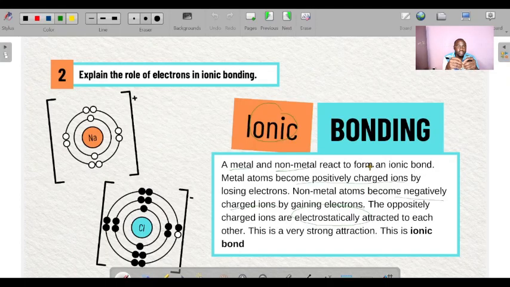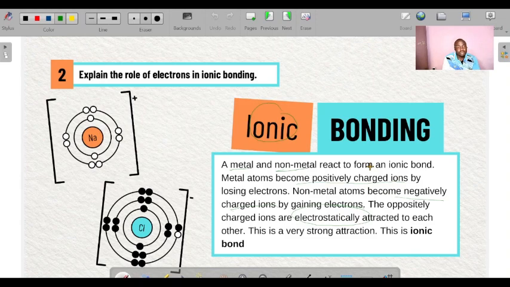Metals become stable by losing electrons. In the process, they become positively charged, what we call a cation. On the other hand, nonmetals form ions by gaining an electron. In the process, they become what we refer to as an anion.